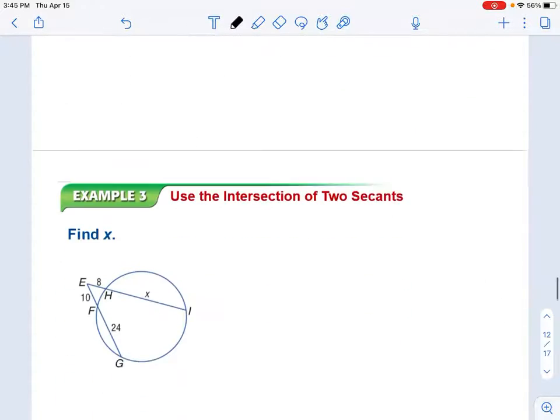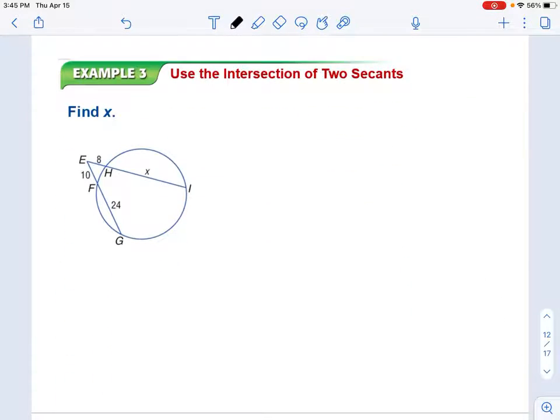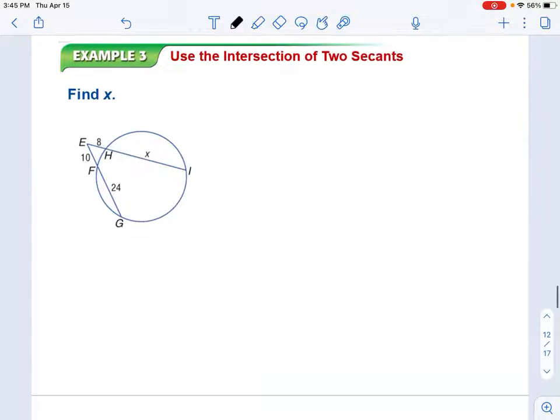All right, let's try some more. So this one's very similar to that last one.